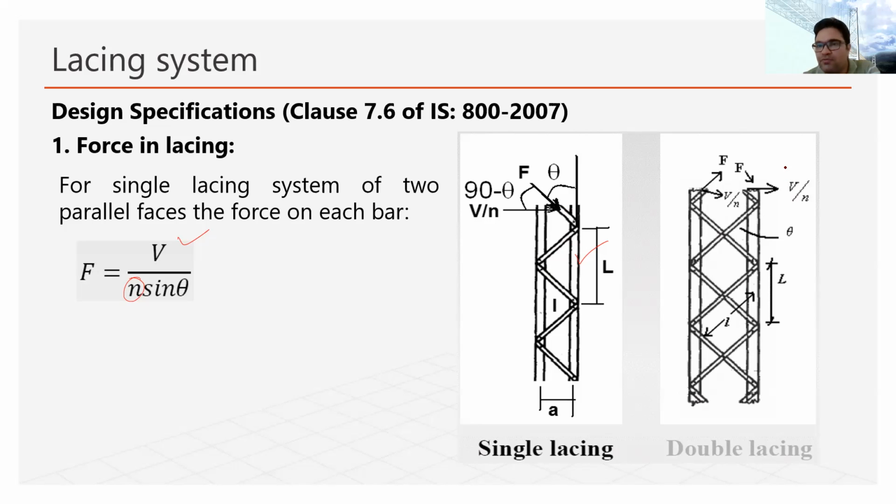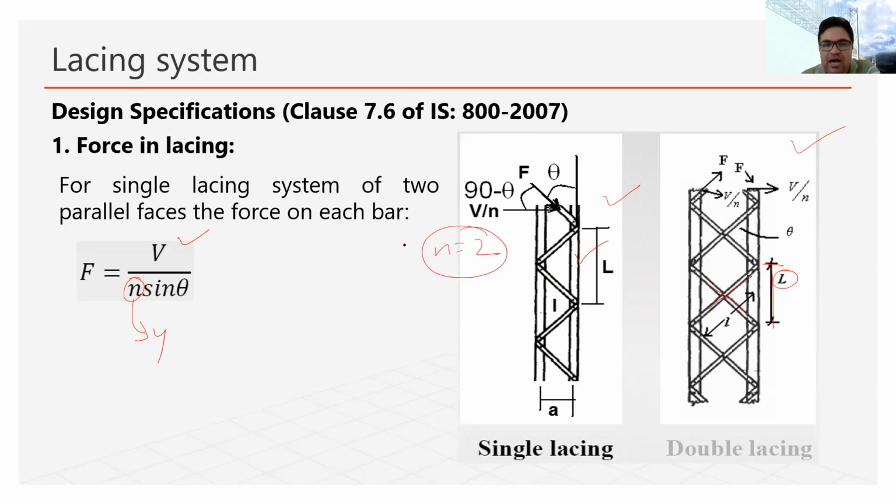Similarly, in the case of double lacing, you can see that in a single spacing, which is the L value, there is one lacing bar and another lacing bar. So there are two lacing bars, and on the other face also there will be two lacing bars. In that case, N will become 4, while in the single lacing case N is 2.